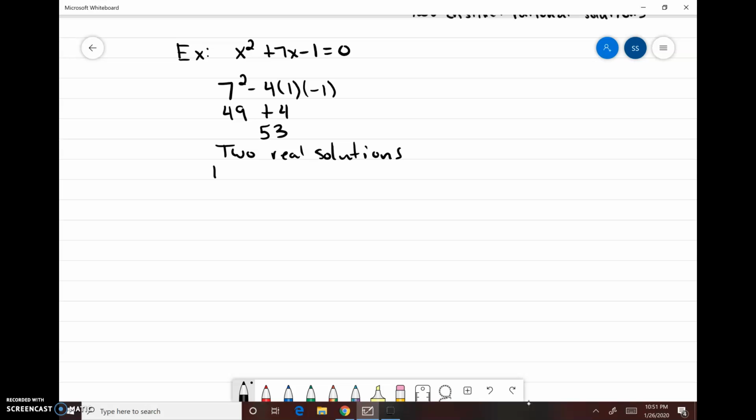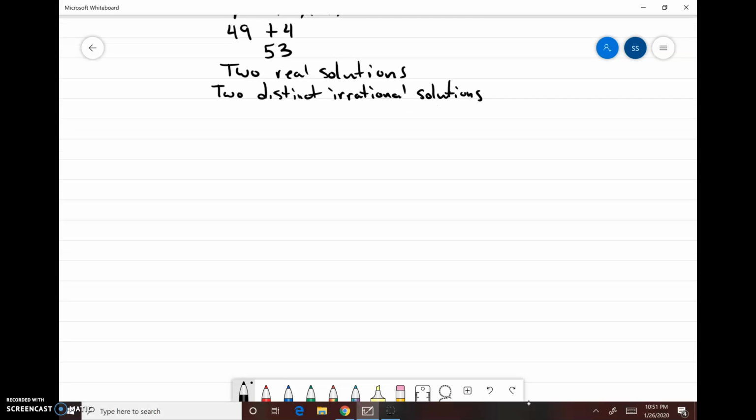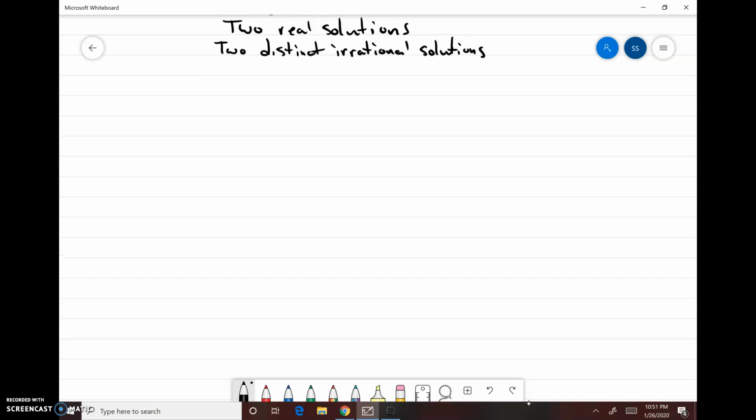So instead of two distinct rational solutions, we will have two distinct irrational solutions. All right, let's do one more, just solving using the discriminant.